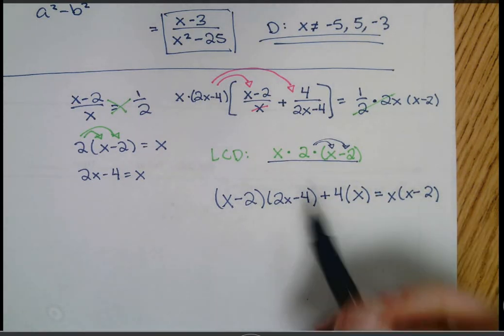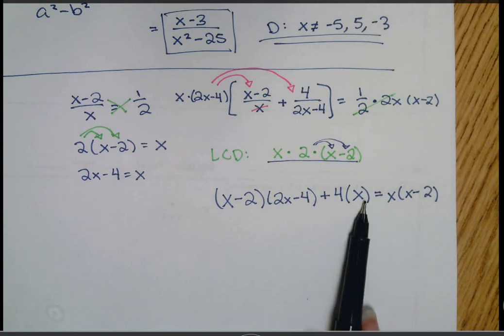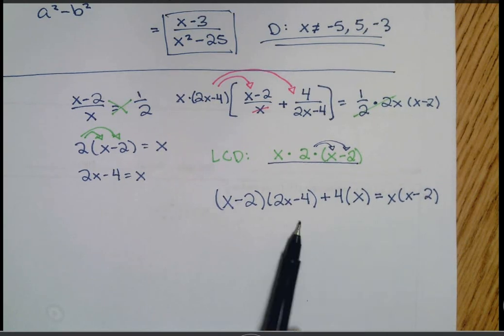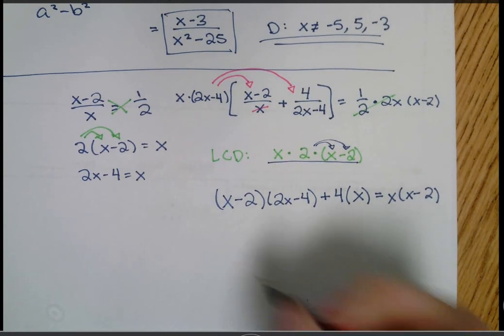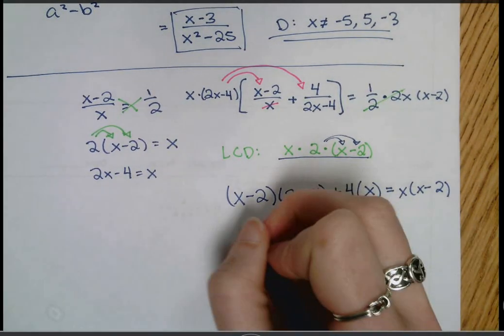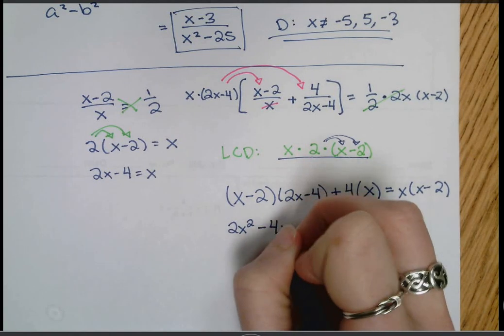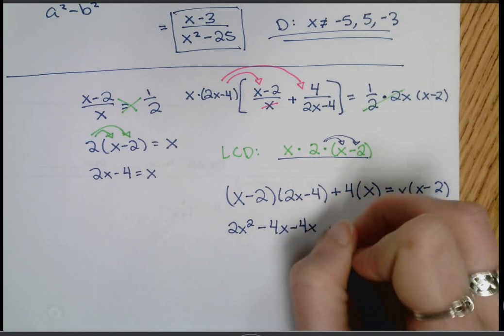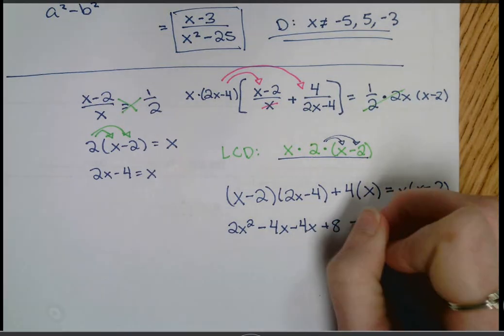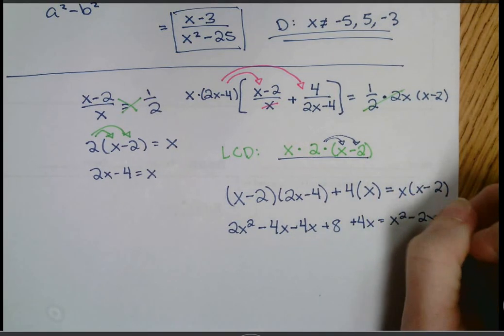From here, you need to use your box method to multiply these together. Add any like terms. This is going to be quadratic, so you want to get everything to one side and solve. So what that would look like in this case is we would have 2x squared minus 4x minus another 4x plus 8 plus 4x equals x squared minus 2x.